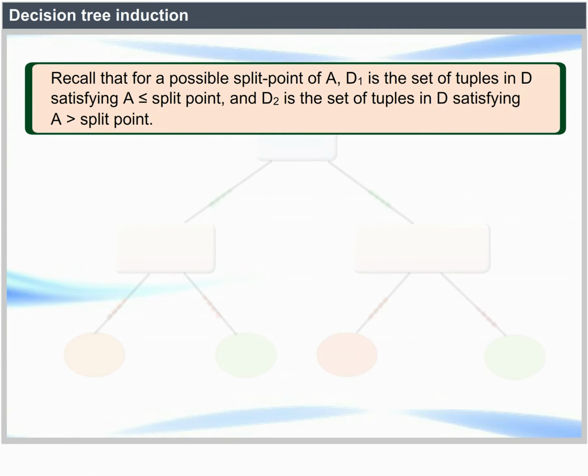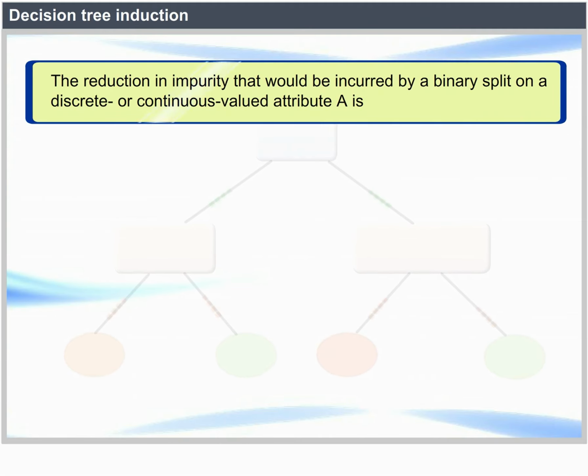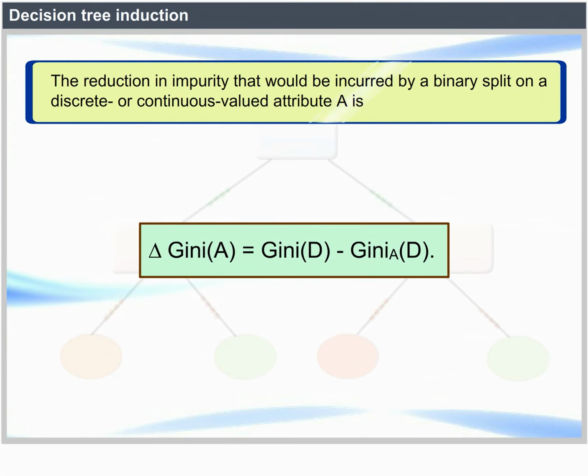Recall that for a possible split point of A, D1 is the set of tuples in D satisfying A less than or equal to split point, and D2 is the set of tuples in D satisfying A greater than split point. The reduction in impurity that would be incurred by a binary split on a discrete or continuous-valued attribute A is delta Gini(A) equals Gini(D) minus Gini_A(D).